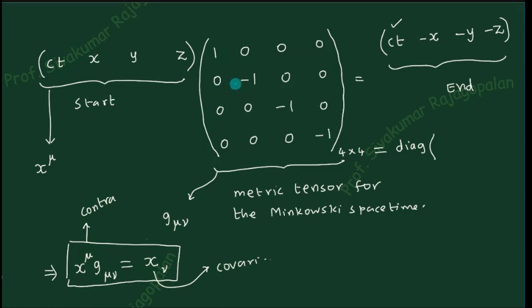Second condition is off diagonal elements must be zero. So off diagonal means anything other than diagonal element must be compulsorily zero. Only then it is called a diagonal. So we can write down that this is the diagonal matrix containing the diagonal elements 1, minus 1, minus 1, minus 1. So this is another way of writing down this particular matrix.